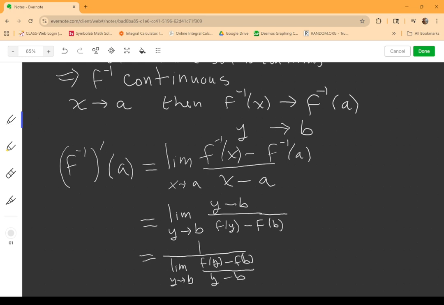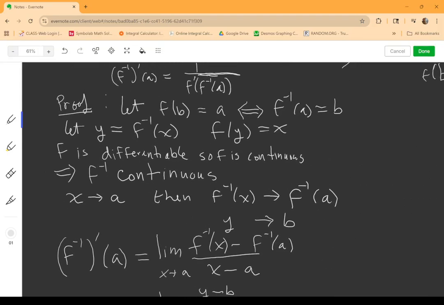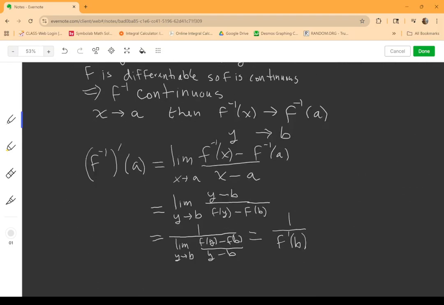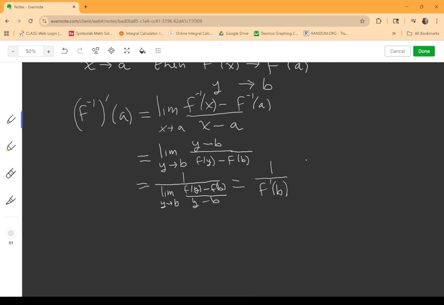And we know that this limit exists, because f is differentiable. That was part of our assumptions. So that is f prime of b. So it converges to that, but again, as above, b is f inverse of a. And that gives us our conclusion for the theorem.